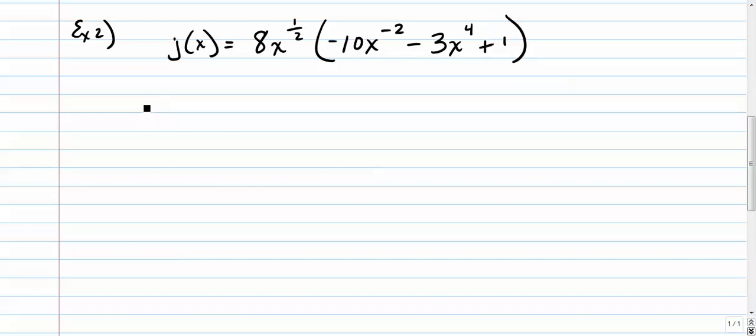So the derivative of j, which we'll call j prime of x, is equal to, again, this is the first, and we'll call this the second. I'll use a different color for that. Call this one the second.